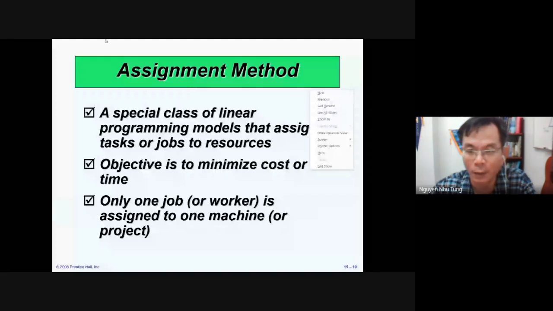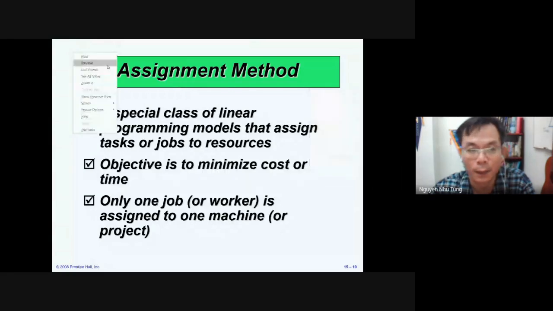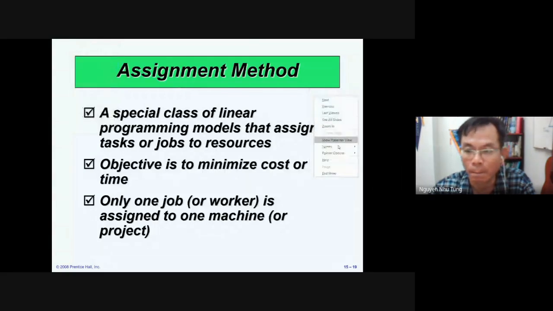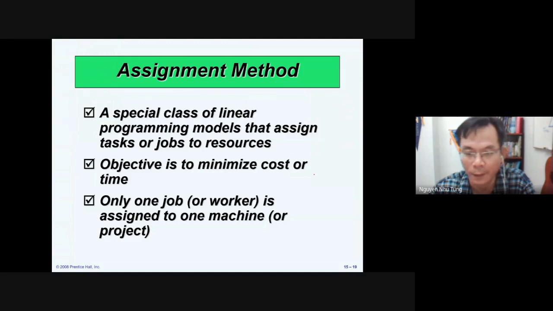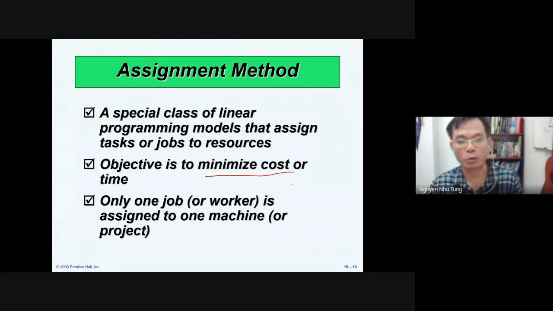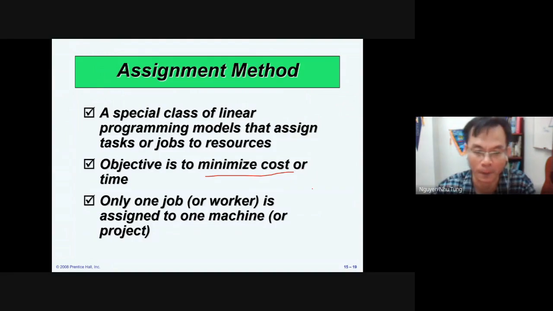Of course, you can assign any worker or any resource to do the job, but if you want to save the assignment cost, you need to use the assignment method, which you're going to learn now. All right. So the objective of the assignment method is to minimize the cost of assignment.